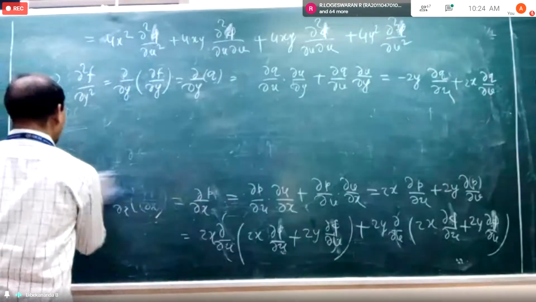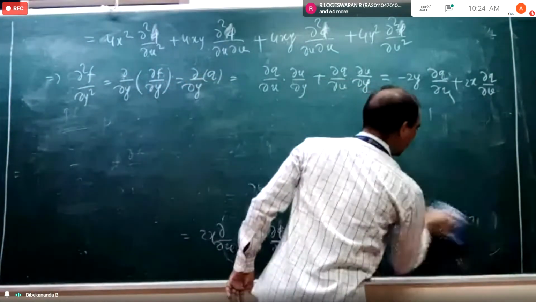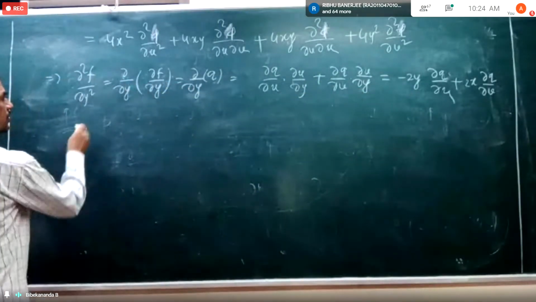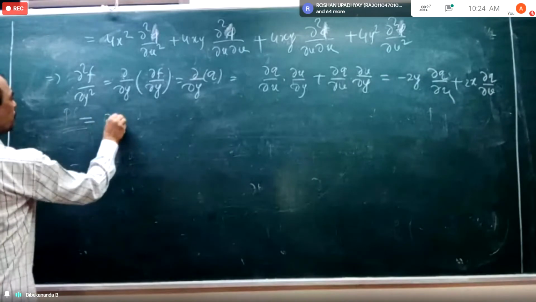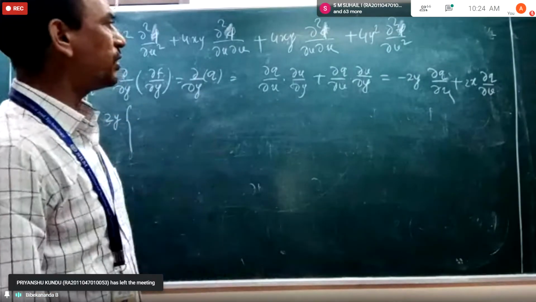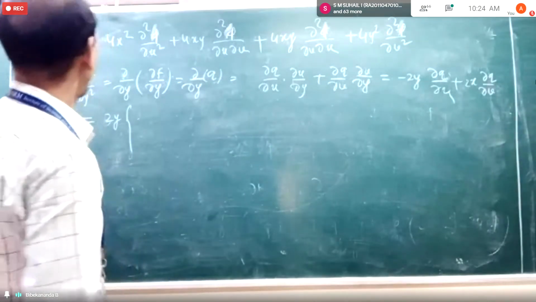Now you replace q by the expression. What expression? The partial derivative of f with respect to y. And so this is equal to minus 2y into, tell me, what is ∂q/∂u?